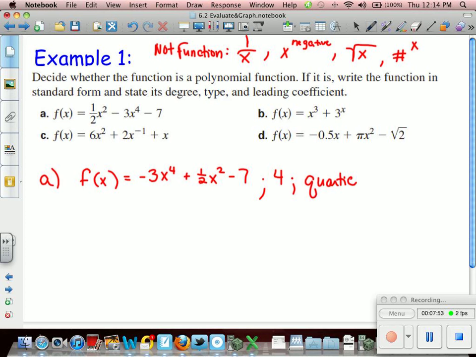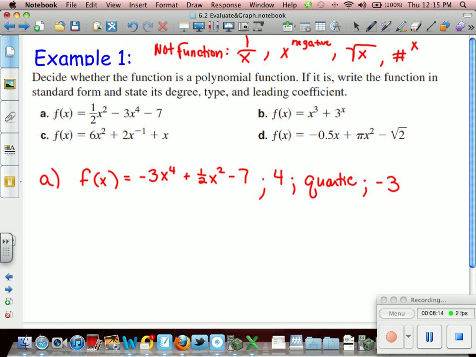Not a quadratic, a quartic. Q-U-A-R-T-I-C. And the leading coefficient would be -3, the number in front of the highest exponent.